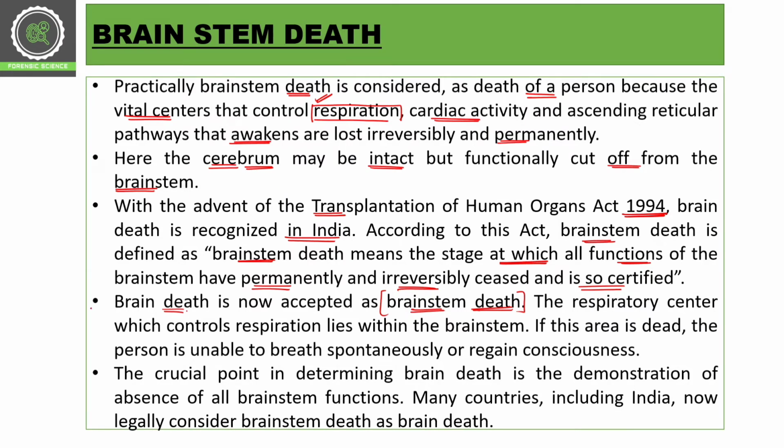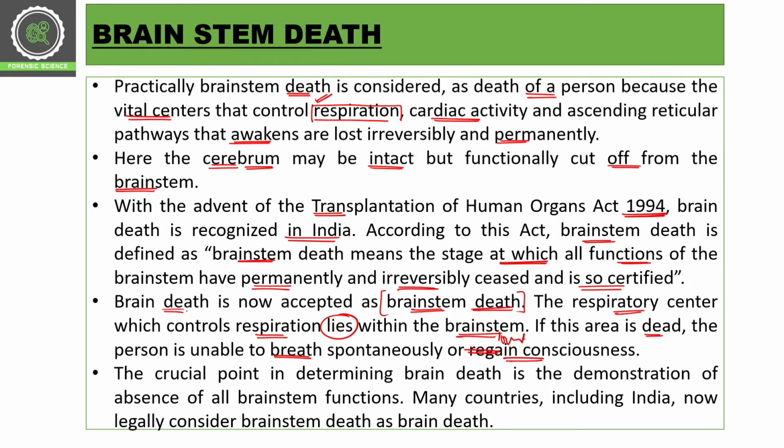The respiratory centers which control respiration lie within the brainstem, and all these centers responsible for controlling the respiratory system come under the brainstem. If this area is dead, the person will be unable to breathe, and after that the person will lose consciousness.